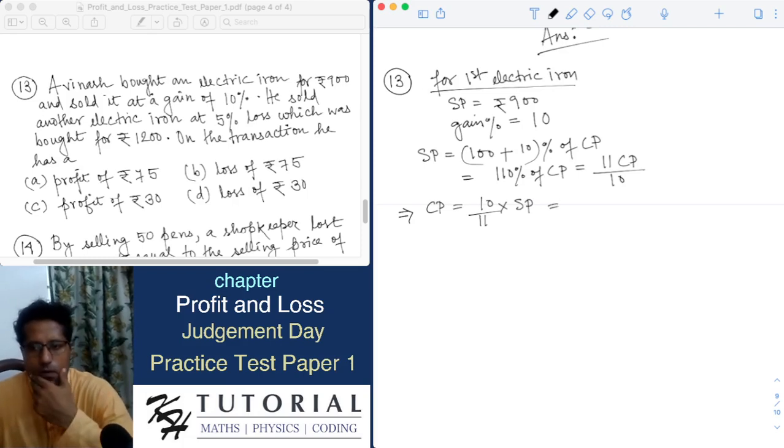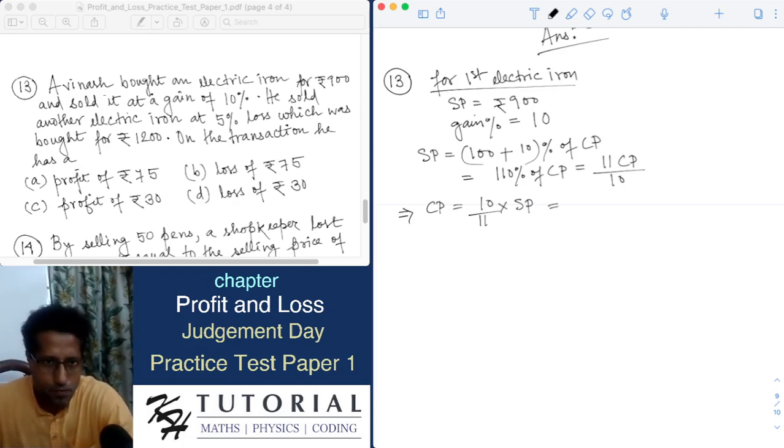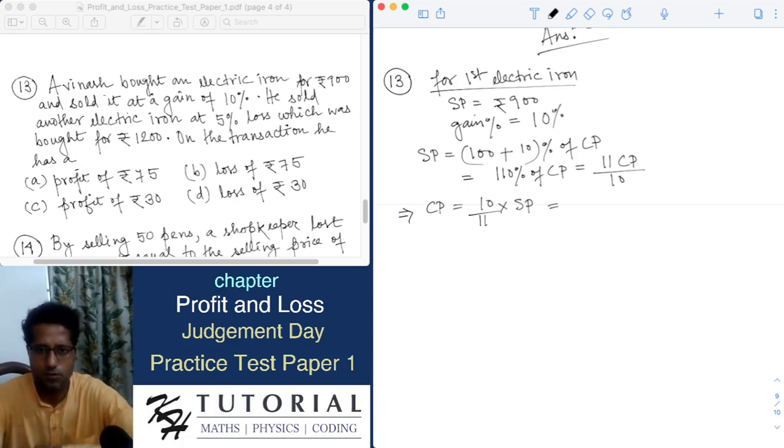This is equal to, SP is 900. If there is a gain of 10%, therefore selling price should be 100 plus 10% of CP.